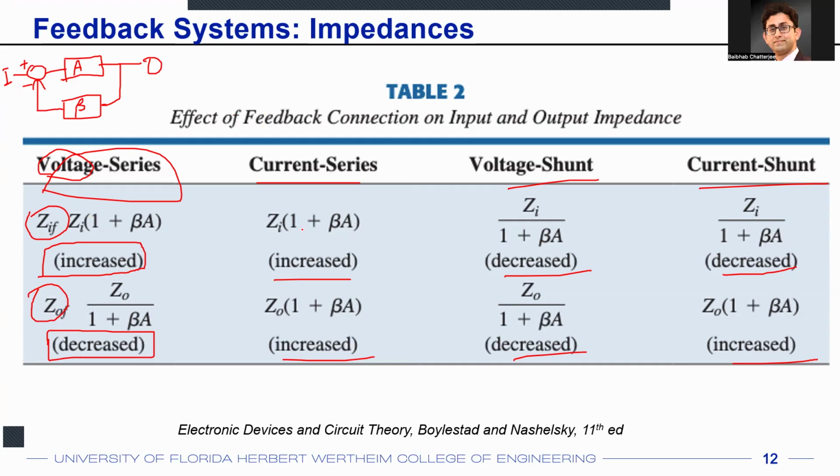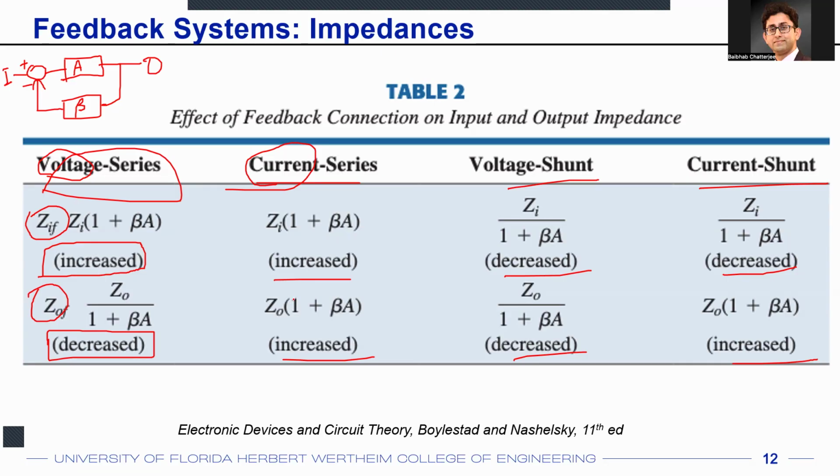Now let's apply the same philosophy for current series. Current series means your output is current, your input is voltage, correct? So you're taking some current away from the output, feeding it back in voltage form at the input. So you take away some current at the output. You're reducing the current at the output. And imagine that your voltage is staying the same. So what would happen to your impedance according to Ohm's law?